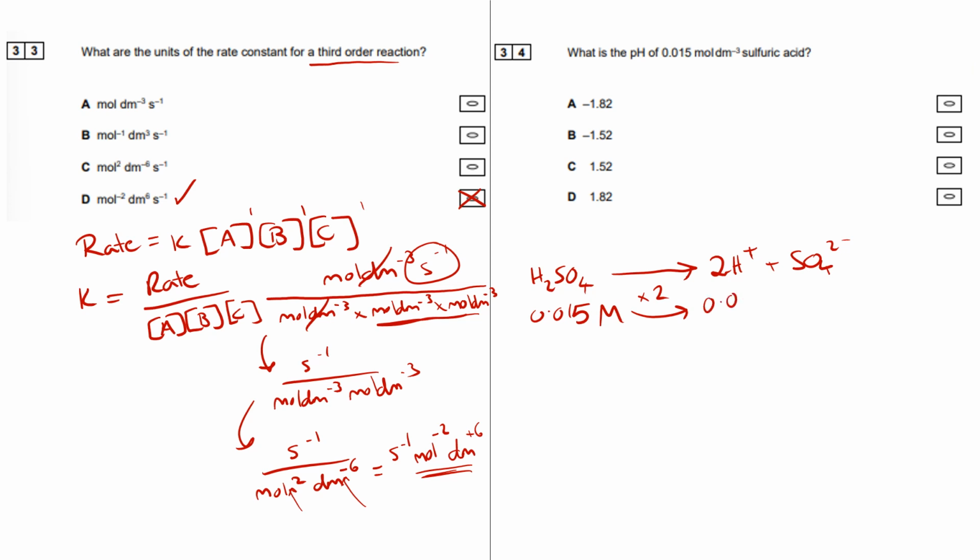We have to times it by 2, 0.03 moles per decimeter cubed. So if that's the concentration of H+, how do you find the pH? You minus log your answer. So minus log 0.03 will give us our final pH there of 1.52. C is the correct answer.